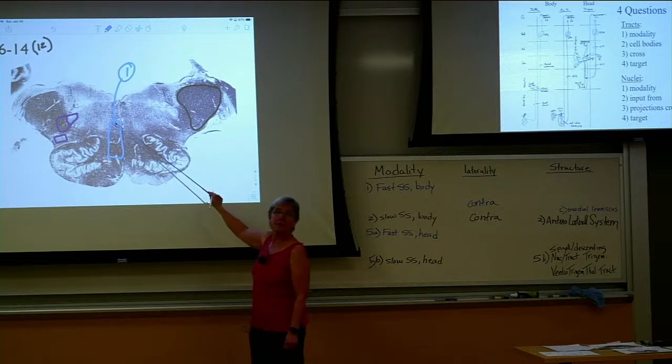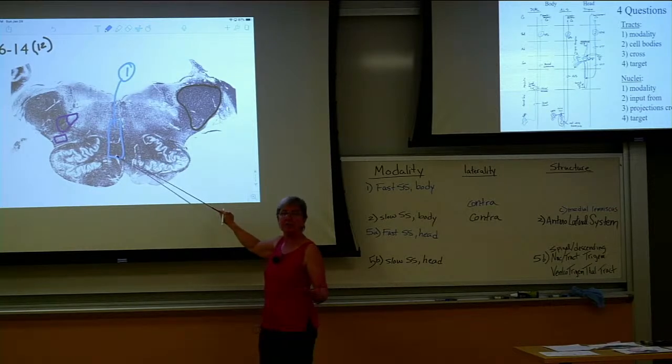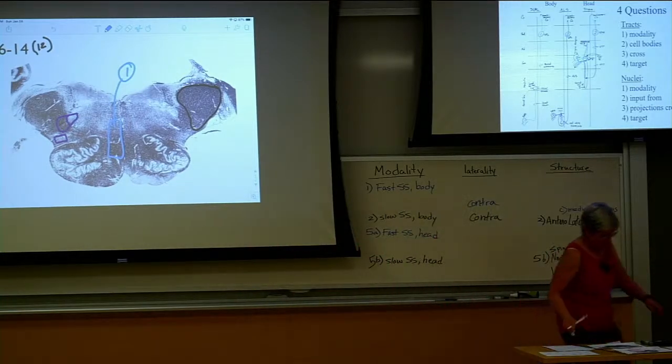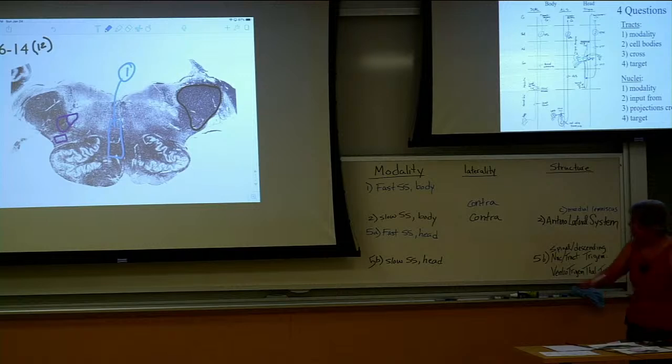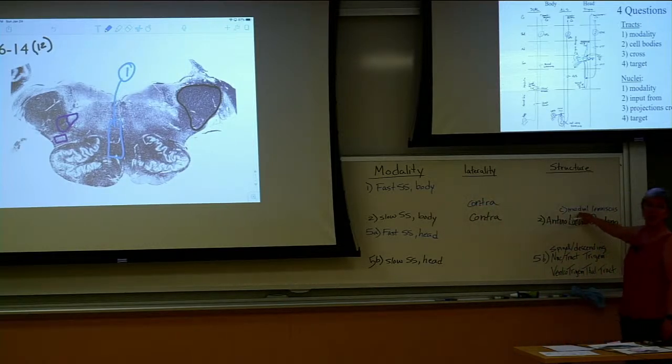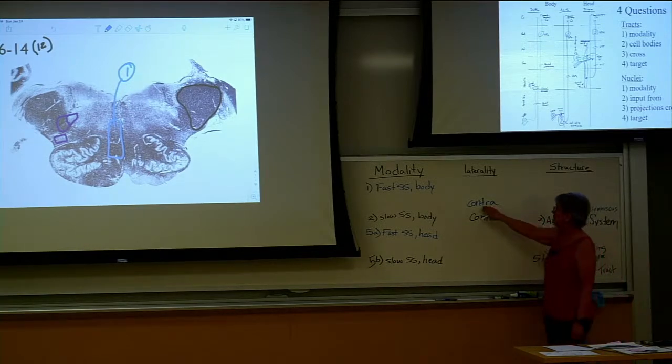So the upper body would be located more posteriorly, and the feet, fibers carrying fast somatosensory information that originated in the contralateral foot, because remember this is after it's crossed the midline, would be located more ventral or anterior. So that's all the same as we saw before. Medial lemniscus, information is coming from the contralateral body.